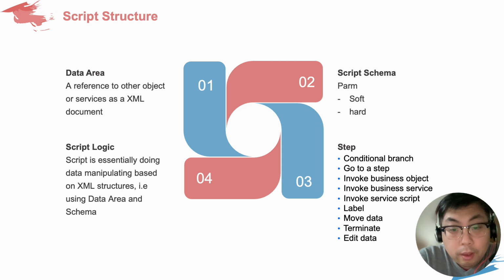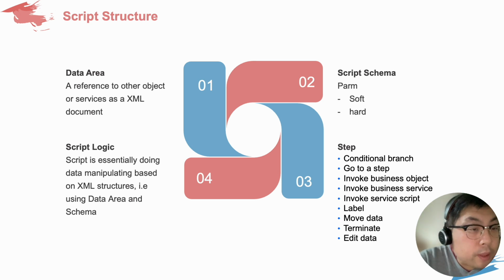From a debugging perspective, if you write that in one edit data, it would just go through the commands one by one. So it makes it easier for you to debug as well.